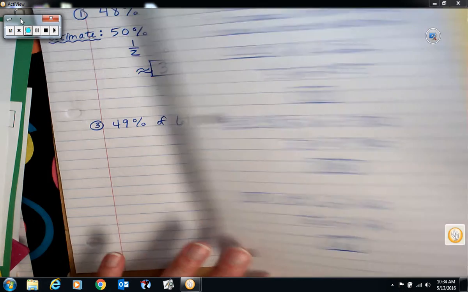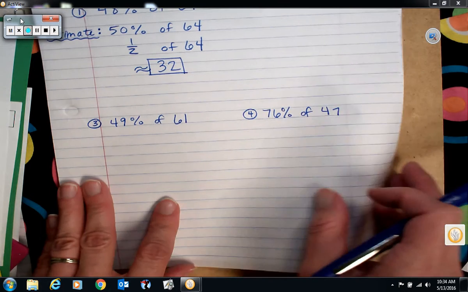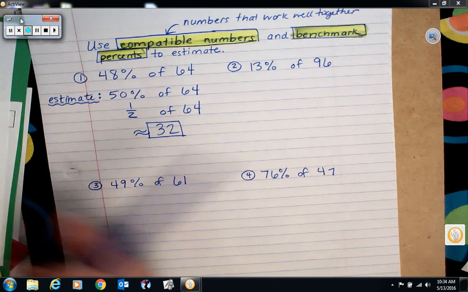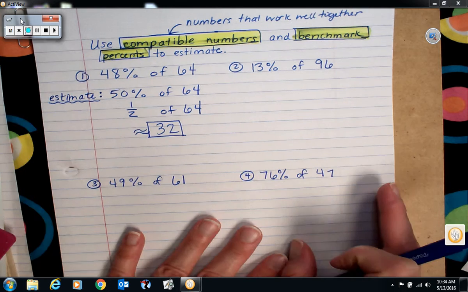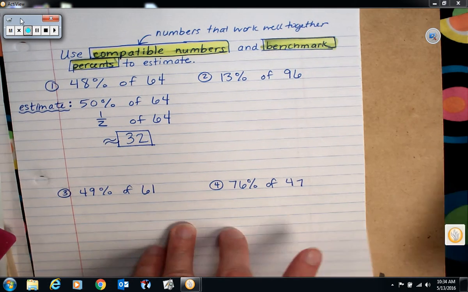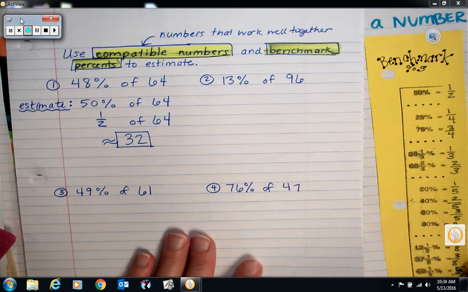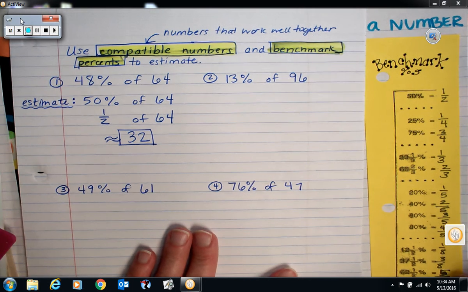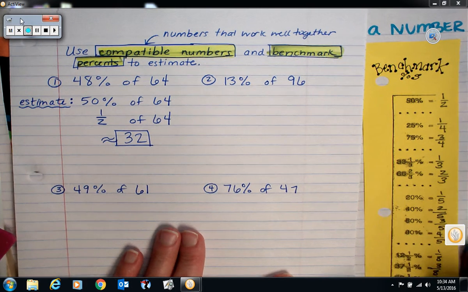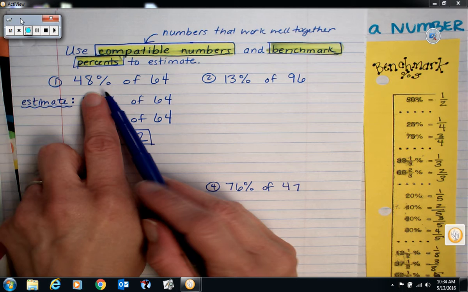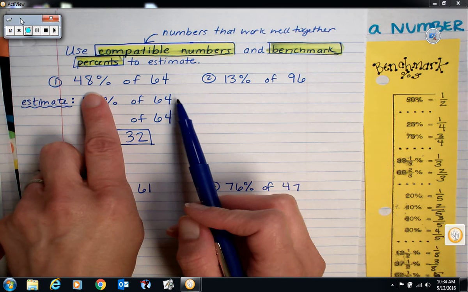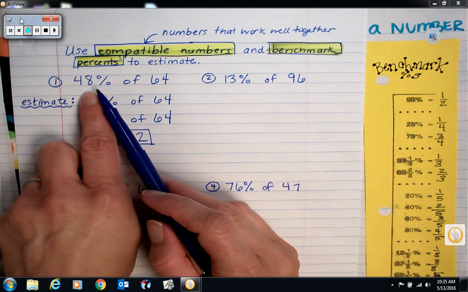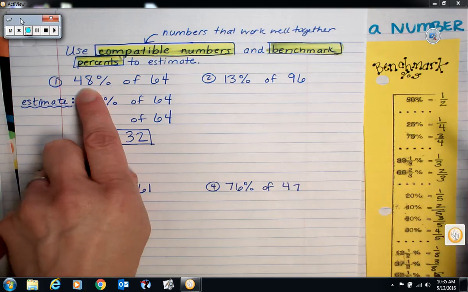So now I'm looking at estimating with compatible numbers and benchmark fractions, using numbers that work well together. I'm going to see if I can get my list of benchmark fractions to show up on the side over here too. I can see most of them. So now we just looked at this question, 48% of 64. We wanted to change the percent to a benchmark percent that was easy to work with.